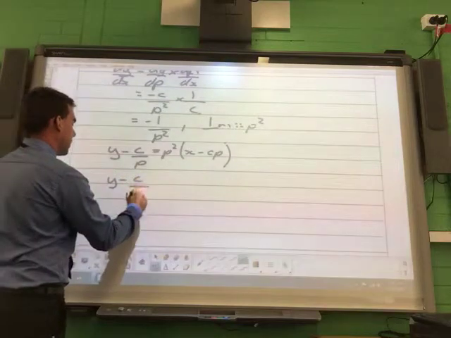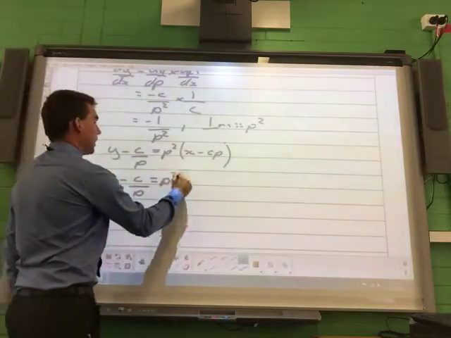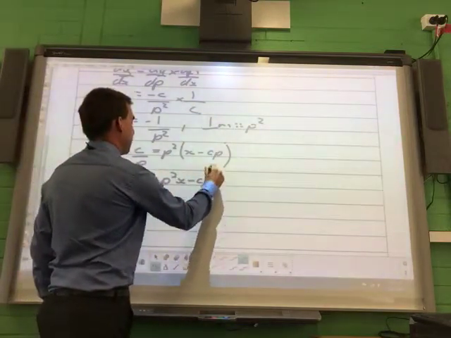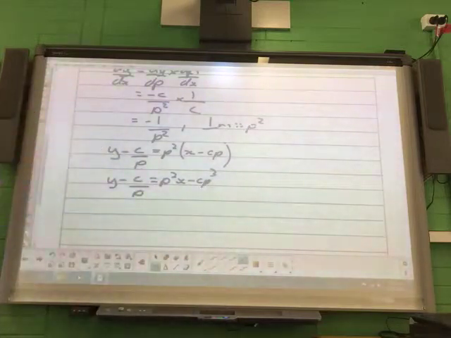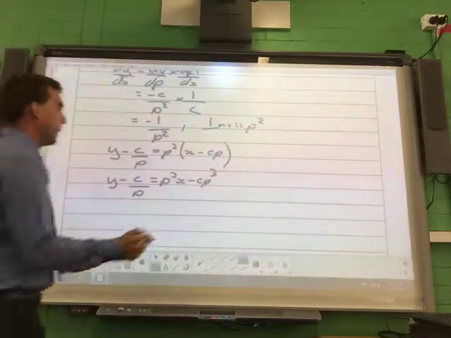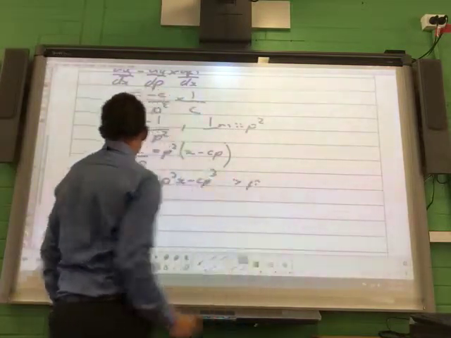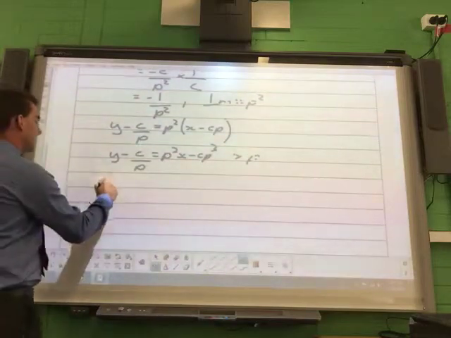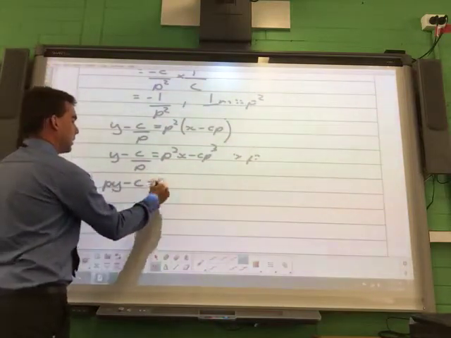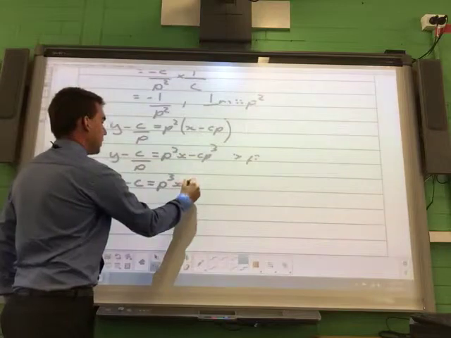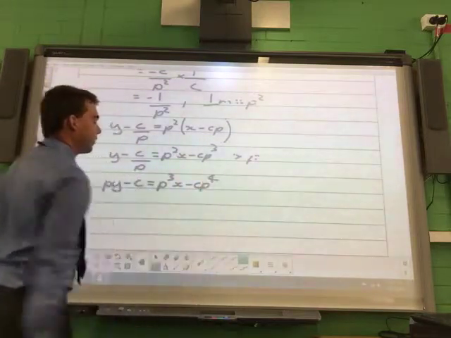So y take away c over p equals p squared x minus cp cubed. And I'm going to remove the denominator by multiplying everything by p. So py take away c equals p cubed x take away cp to the power of 4.